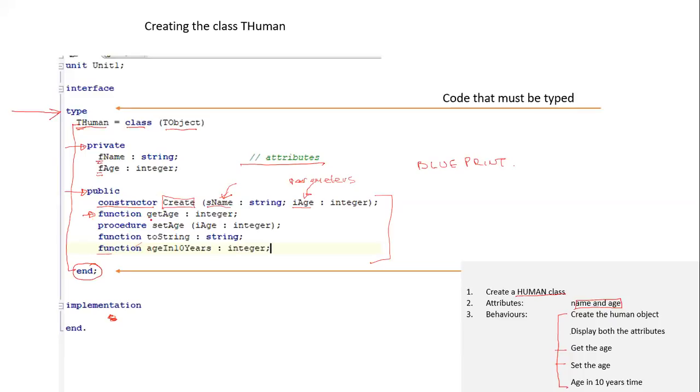So function get age, that's the name of my function. And this particular function is returning an integer value because it's returning the age. These get functions that we write, they are called accessor methods.